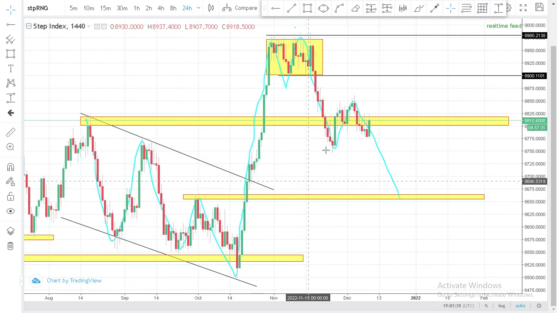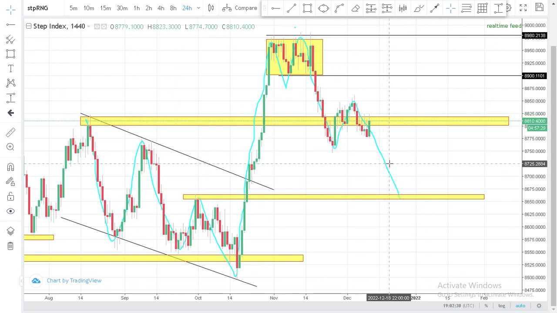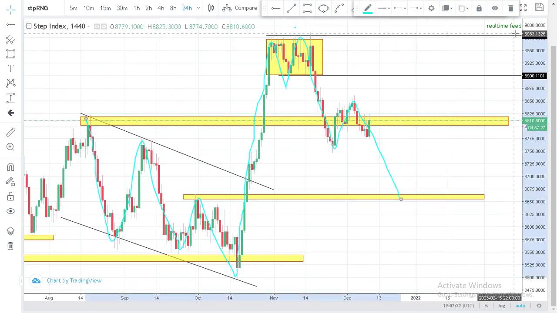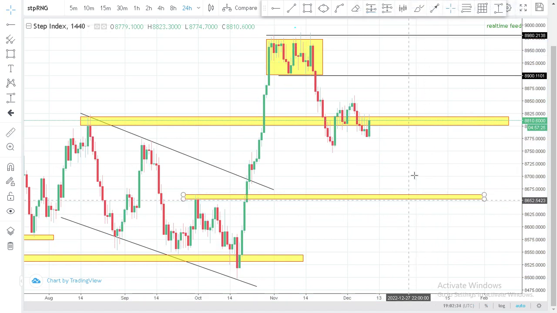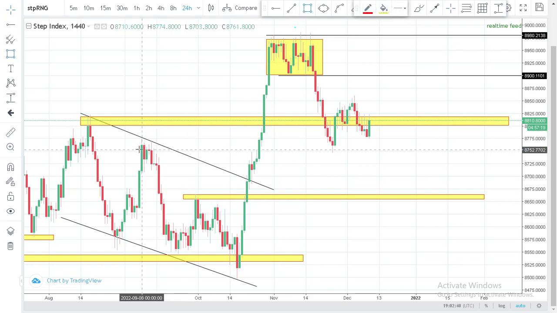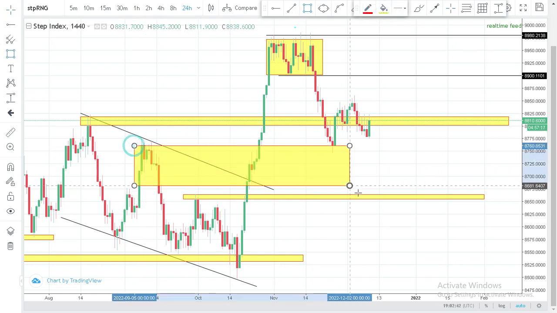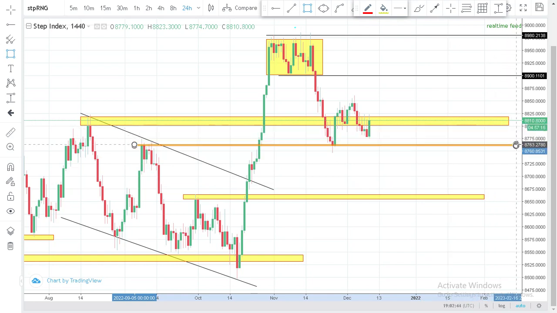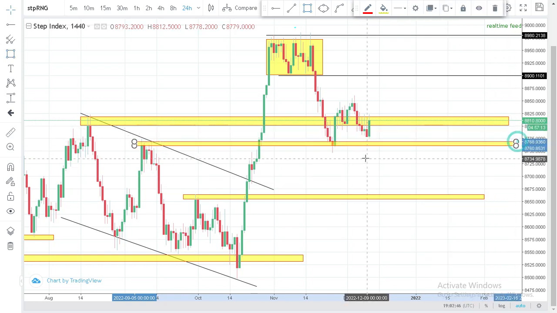So what am I expecting? I'm expecting the price to push down here to this resistance level. I'm also going to add this one. It's also a support, which was respected. That's nice.